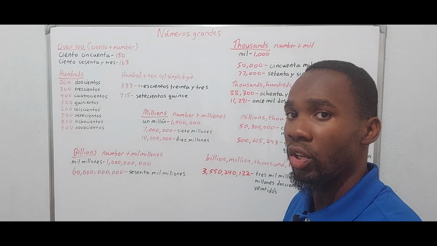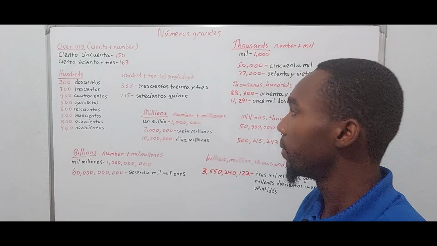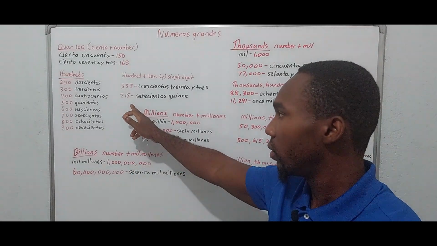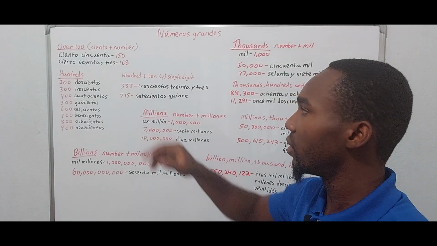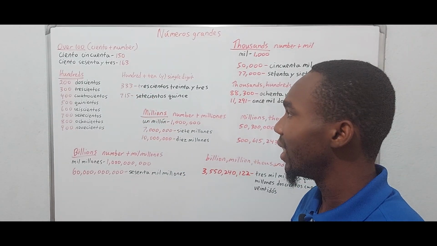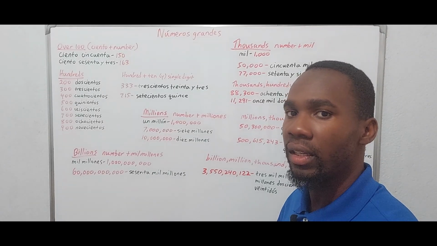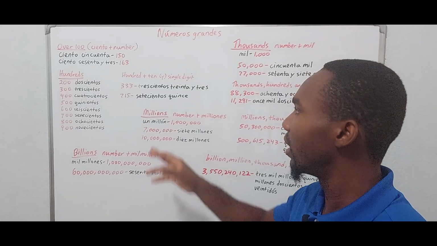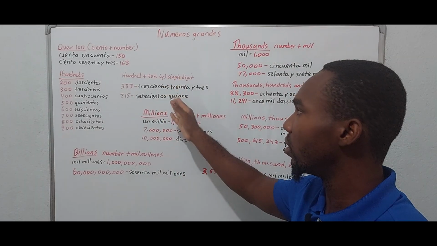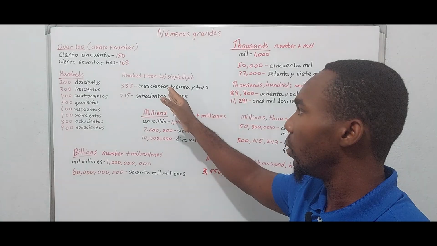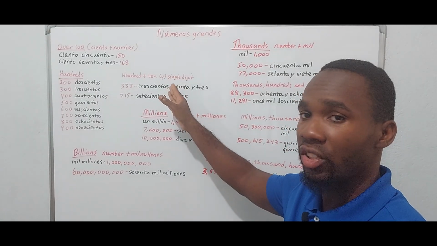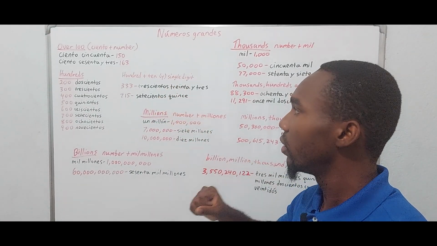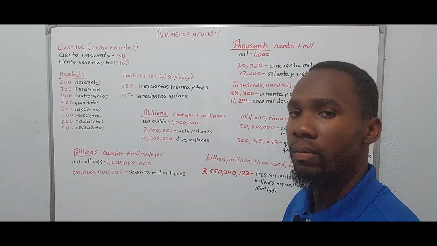It doesn't matter what unit we are talking about, okay? Similarly, 715. All right? So in this case, we do not need the E because we don't have any separation like we had in 33. We just have 15.